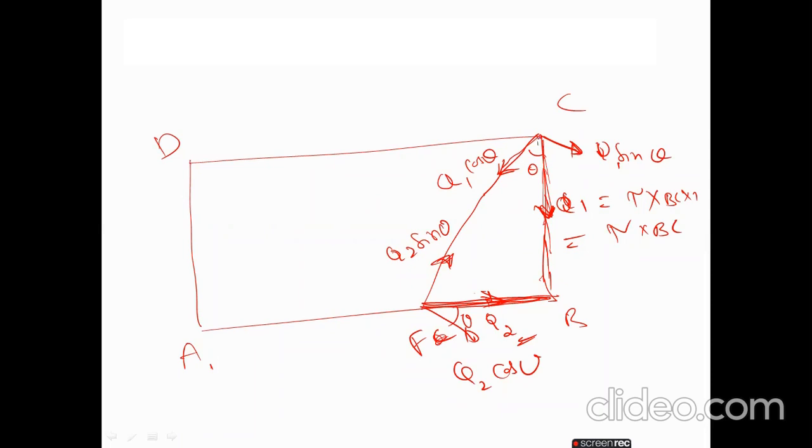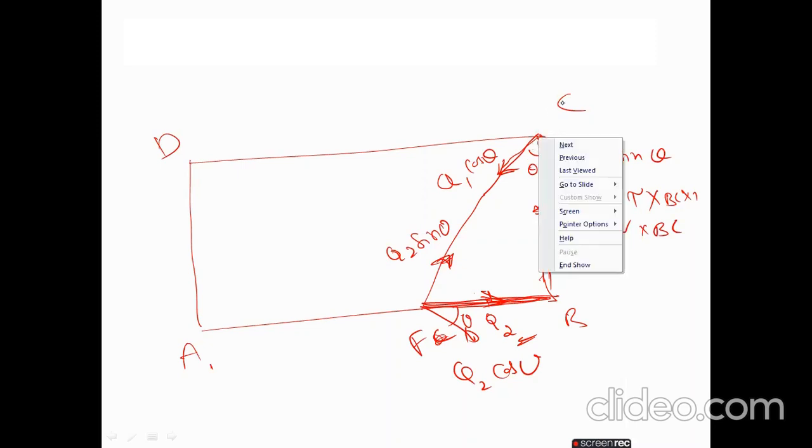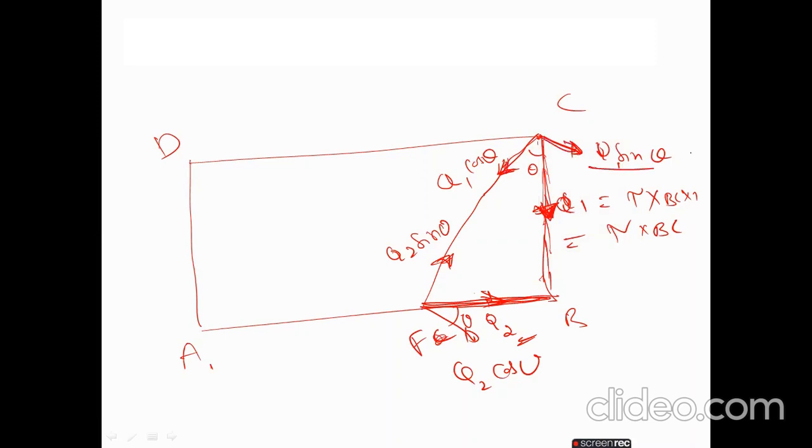If you observe here, the force Q1 is acting along the face CB. So there are two components, Q1 cos theta and Q1 sin theta. Q1 cos theta is tangential and Q1 sin theta is normal.